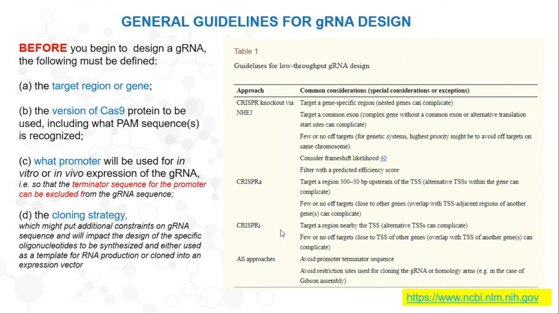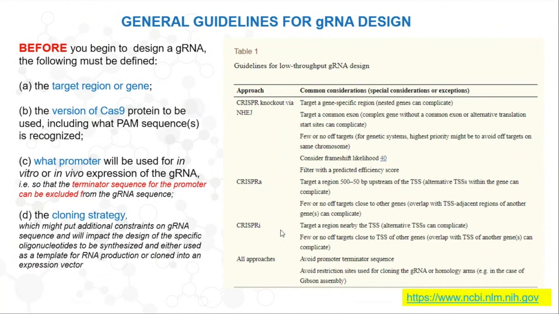So it is very important to know which genomic promoter you are going to use upstream of this guide RNA sequence, so that the promoter region has its terminator sequence. If that terminator sequence becomes a part of your guide RNA sequence, your guide RNA will never get expressed inside the cell.